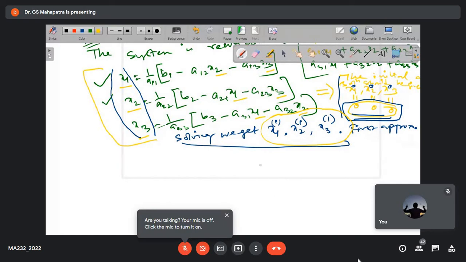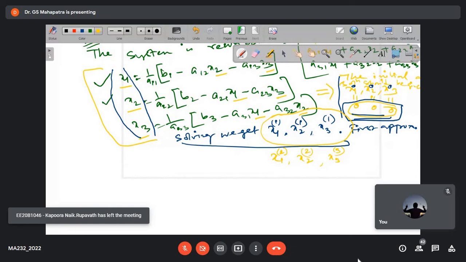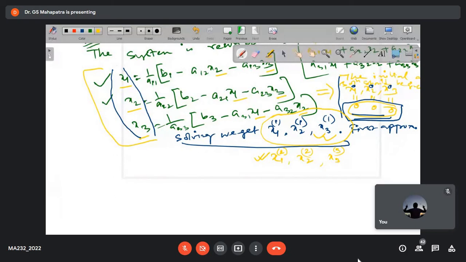And what will be the notation of that solution? x1 2, x2 2, and x3 2. Correct. You just see the indices, that is actually the number of iteration. So if you give this one as input and this one is output, then your new equation will be like that.